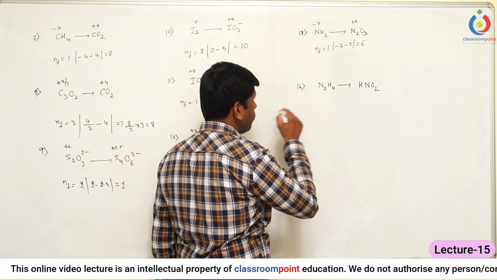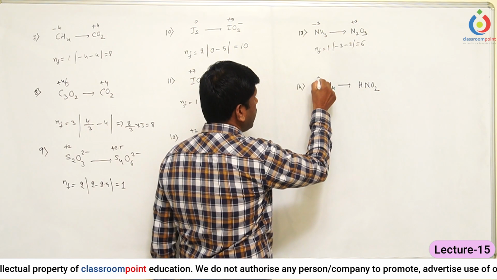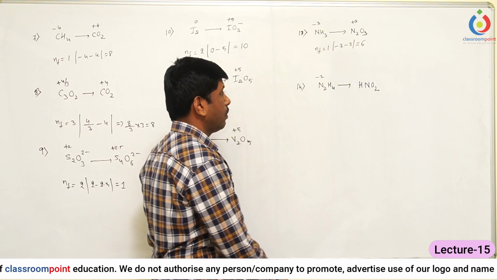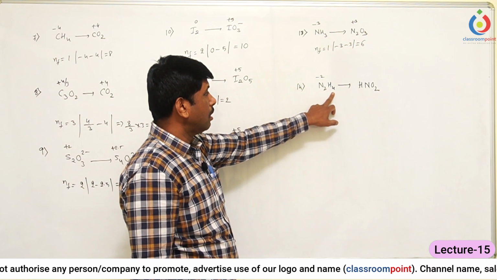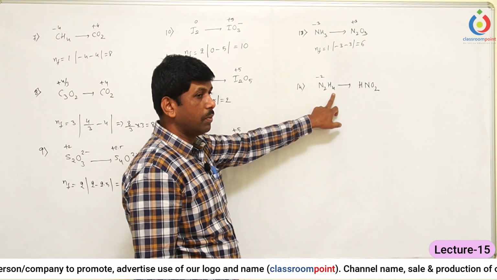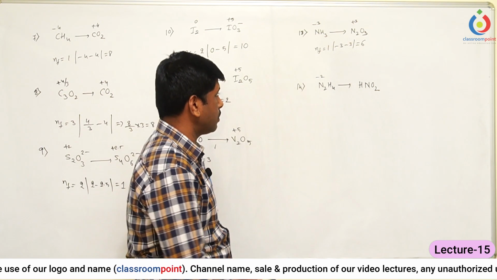Here nitrogen value is equals to, this is plus 4, minus 4, this minus 2 each nitrogen, because there are 2 nitrogens and 4 H plus ions. So 2x plus 4 equals to 0, 2x equals to minus 4, x equals to minus 2.